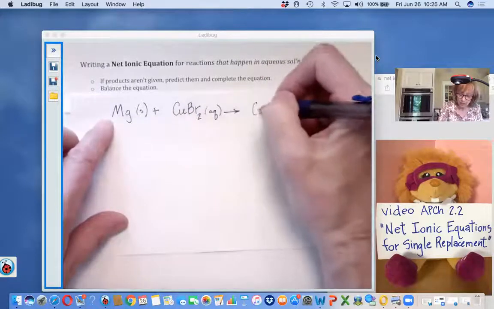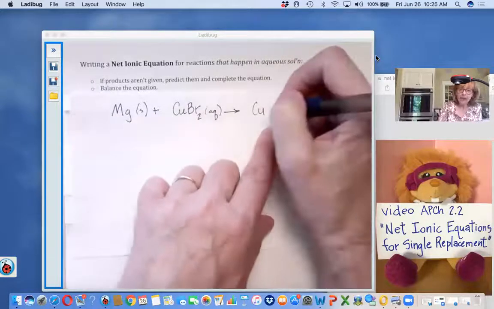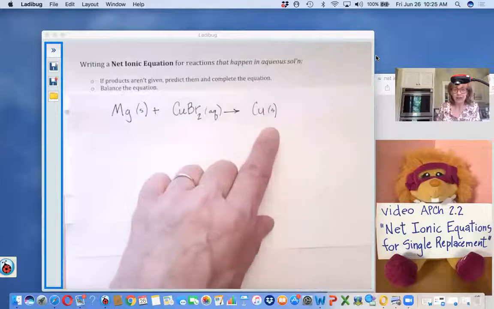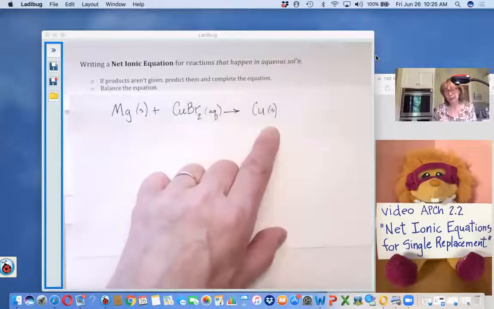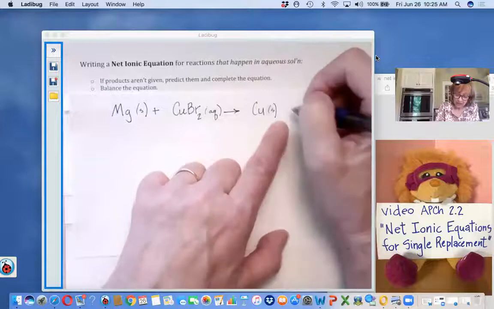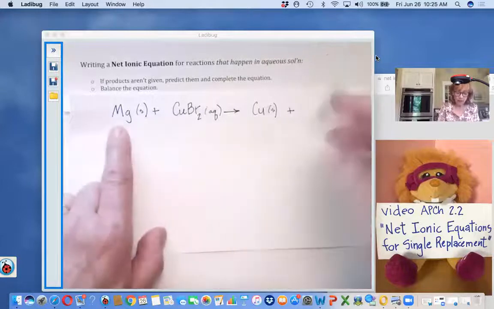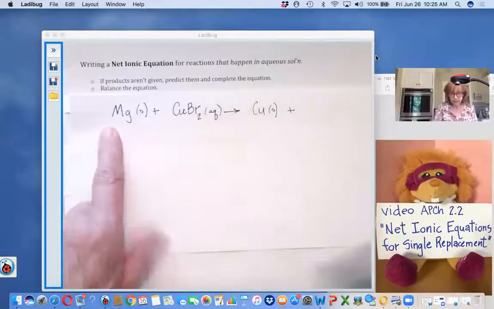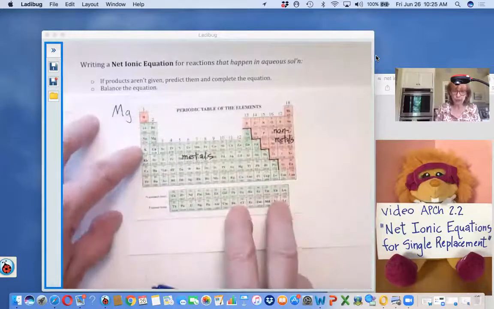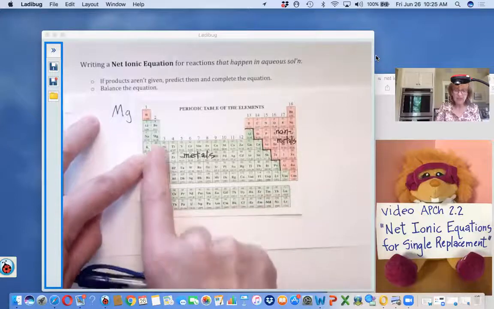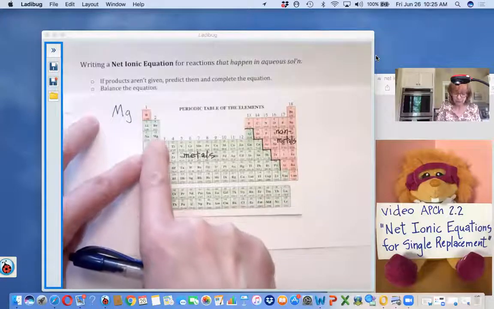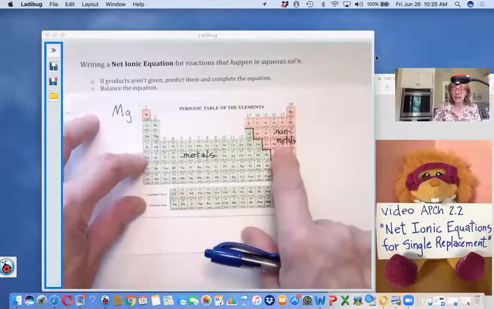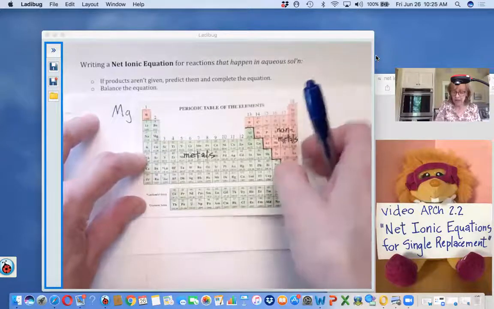Now the copper is going to stand alone as an element, and because copper is a metal, I know that it exists as a solid when it's by itself. And the other product is going to be between the magnesium and the bromine. Now, before I write that formula, remember I refer to my periodic table to see that magnesium has a 2+ charge as a cation, and bromine has a 1- charge as a halogen.